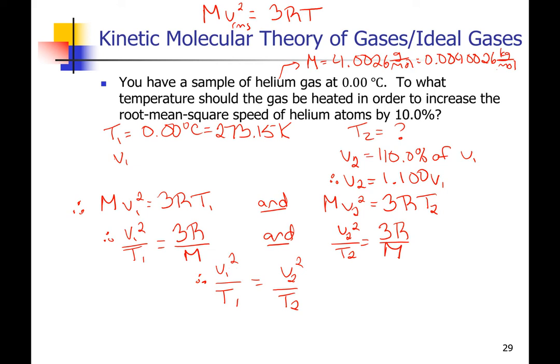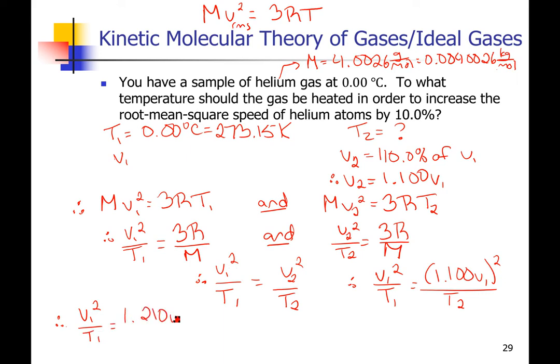So all we need to do is recognize that the second speed is equal to 1.100 times the first speed, square all of that, and therefore we have V1 squared over T1 is equal to 1.210 V1 squared over T2.